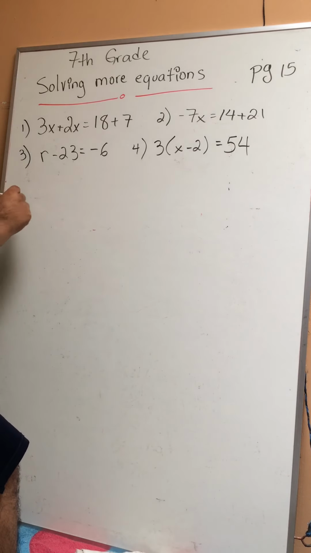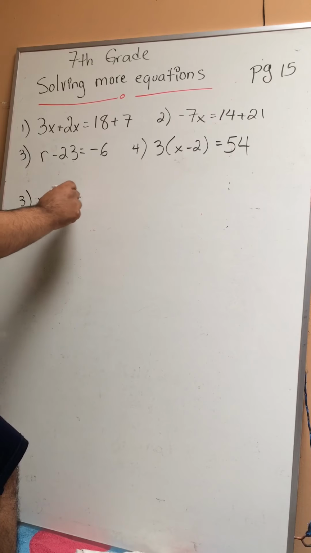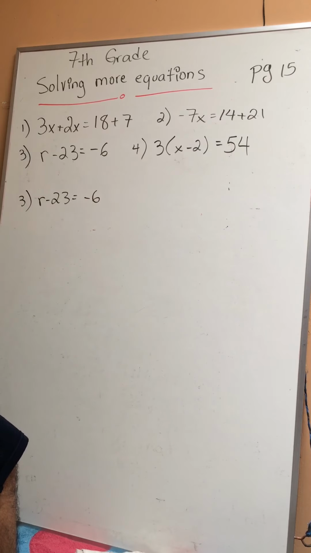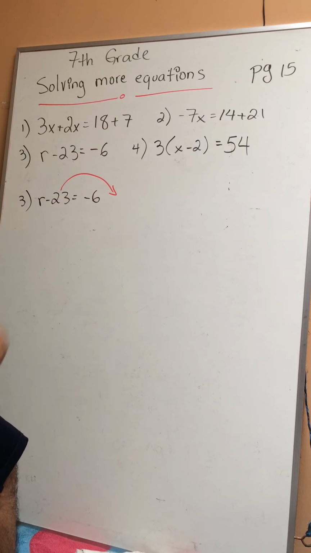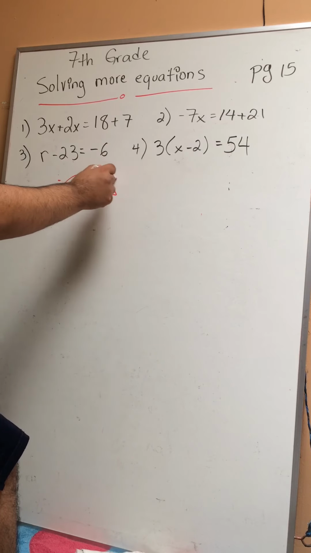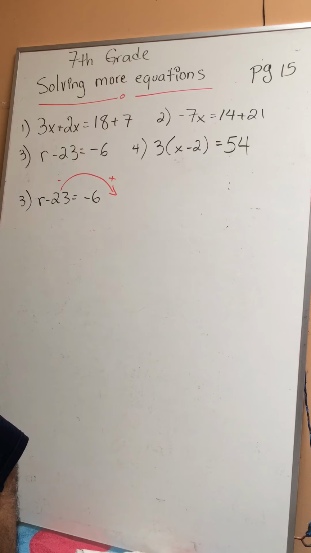Number 3: r minus 23 equals minus 6. Since we want to leave r alone, and this one is negative, we're going to switch this number to the other side. Here it's negative, so it's going to change into positive. Remember that we do not change the sign when we are dividing or multiplying.